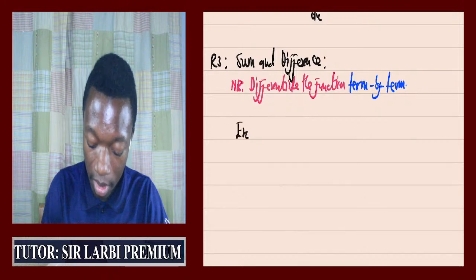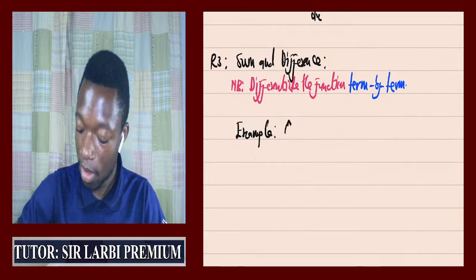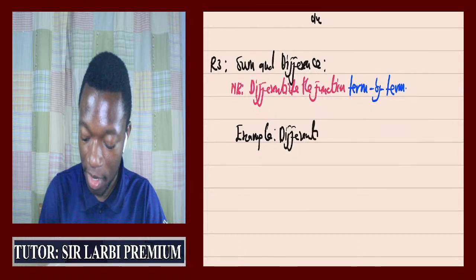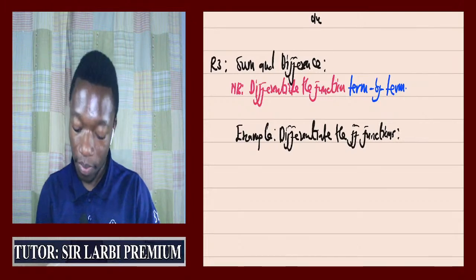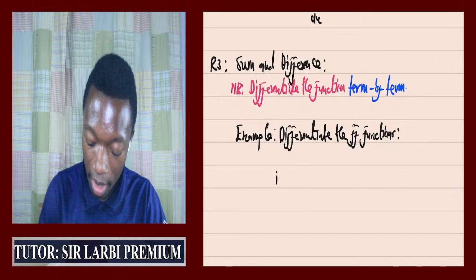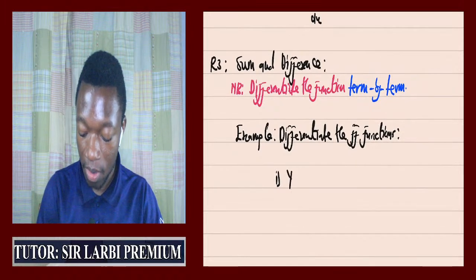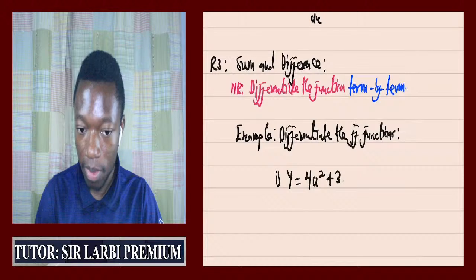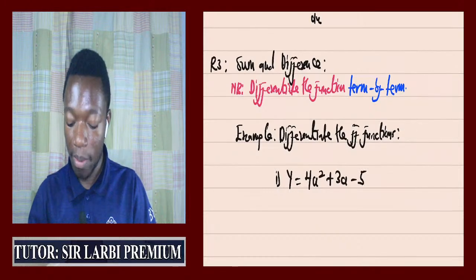We have the first one, y is equal to 4a to the power 2 plus 3a minus 5. 4a squared plus 3a minus 5.